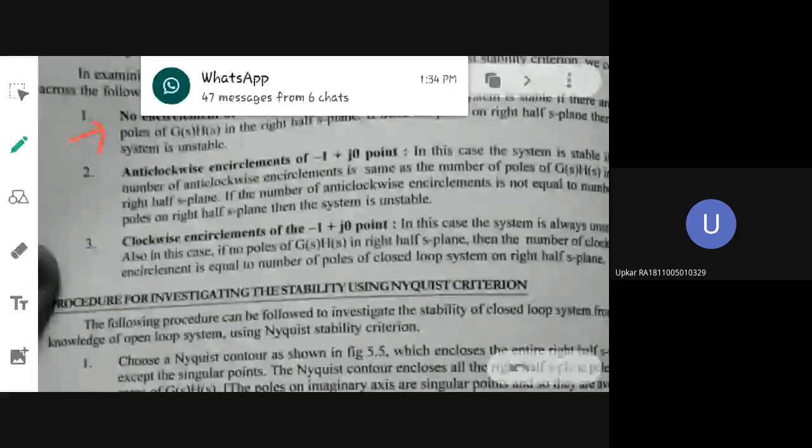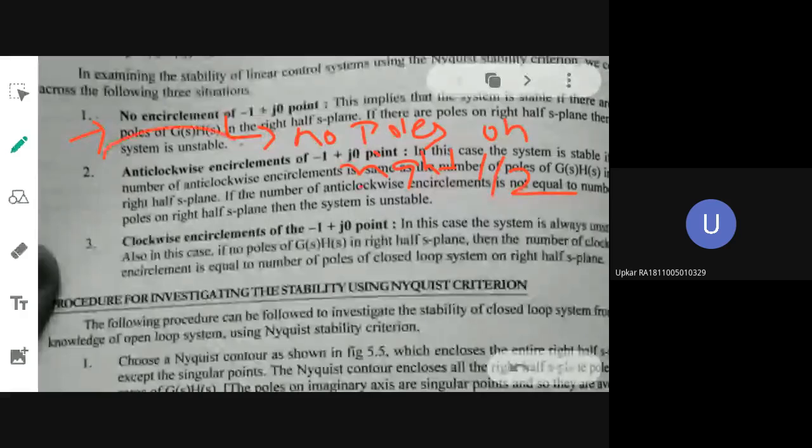then the system will be what? The system will be stable. Okay, no encirclement. If N is equal to 0, that is the case, then P is equal to 0. That is, no poles are located on the right half of the plane, then the system will be considered to be what?